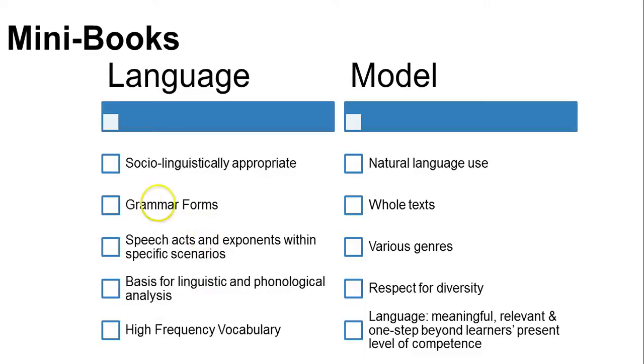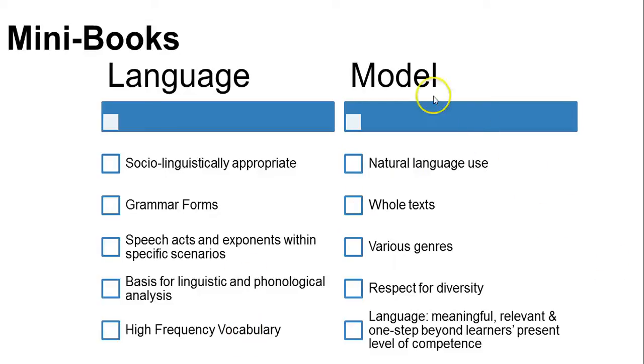They'll contain the speech acts and exponents within specific scenarios, so the actual language chunks that are used within language functions. The books can also be used as a basis for linguistic and phonological analysis, and they can contain high frequency vocabulary that the students can intuitively and sometimes even explicitly learn throughout their lessons.